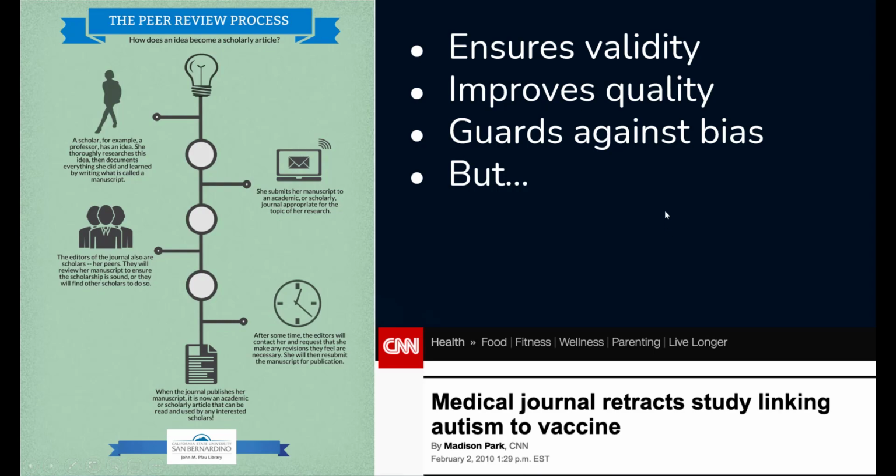However, there are obviously failures of every system. And there are failures of the peer review system as well. Most peer reviewers are volunteers. They are people like your professors who have many jobs to do, many hats to wear. They may be busy, they may be tired when they review something. People who write and research are also subject to the same kind of temptations that everyone is, money, fame, and so on.